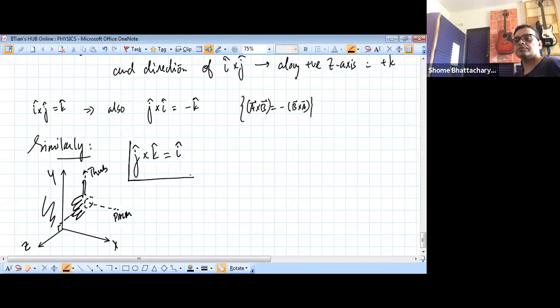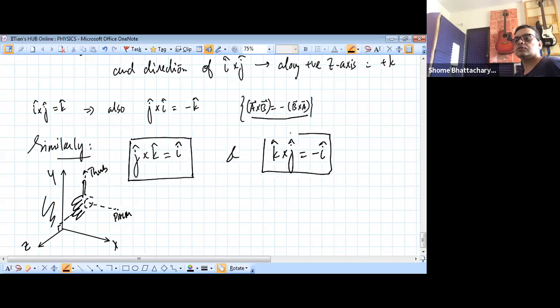Okay? And therefore k cross j will become negative of i cap, again because of the same reason. So i cross j is k and j cross i is minus k.